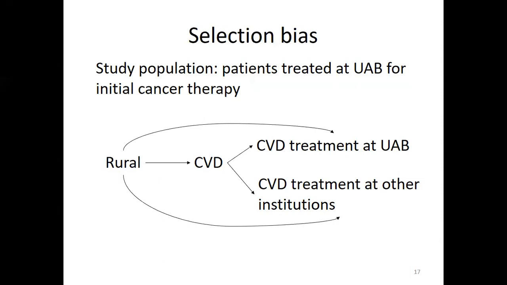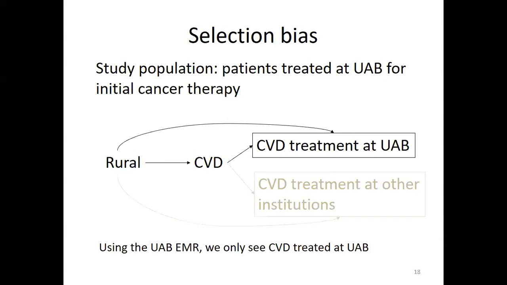We're not going to get people who are treated in Jasper or Southern Alabama. And if you're talking about someone having a heart attack or a stroke, they're going to go to the closest reasonable facility, right? Unlike cancer therapy, where it's totally reasonable to say, okay, I'm going to drive 100 miles. If you can help it, you're not going to drive 100 miles to get your first therapy for a heart attack.